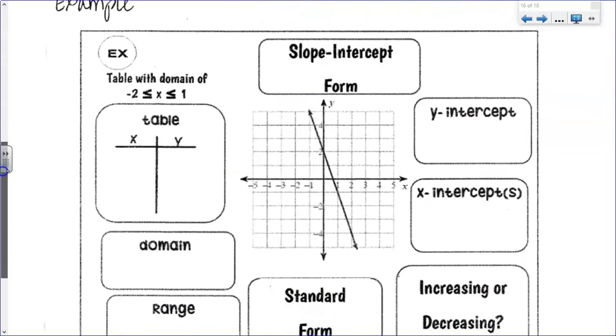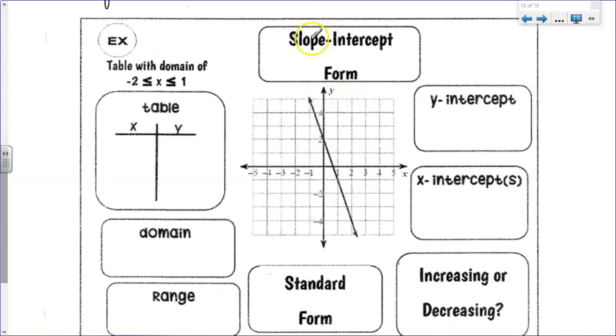Okay, so let's look here at this first example. If we want to write in slope-intercept form, remember that is y equals mx plus b. So we need our m and our b. So if we come over here, we know directly from the graph our b is 2. So that's going to be plus positive 2.